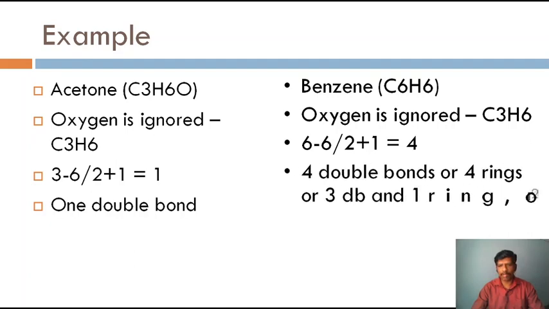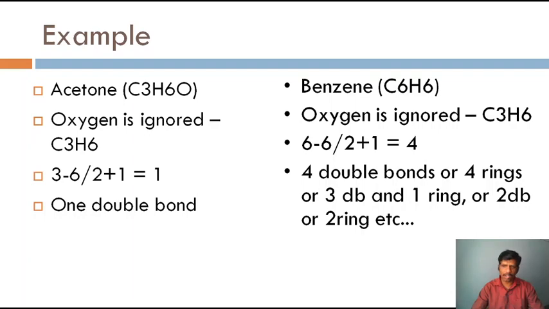Therefore, there are 4 double bonds in the molecule, or 4 rings in the molecule, or 3 double bonds 1 ring, or 1 double bond 3 rings, or 2 double bonds 2 rings. You can think of any possibilities when you don't know the molecule. But we know the molecule here, it is benzene, and therefore we know why it gives 4. There are 3 double bonds and 1 ring.